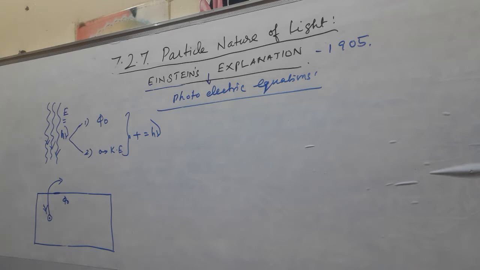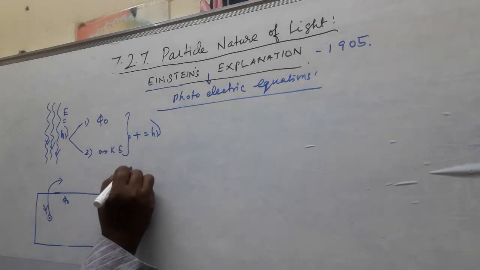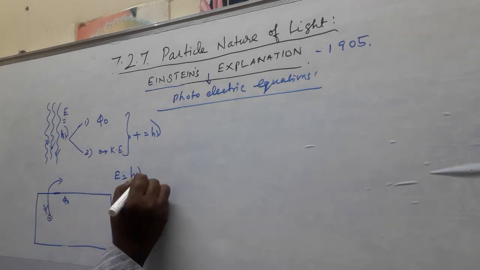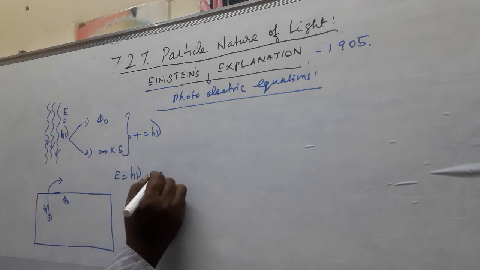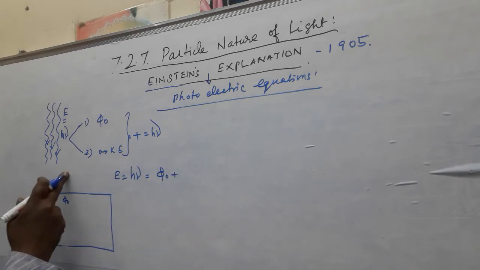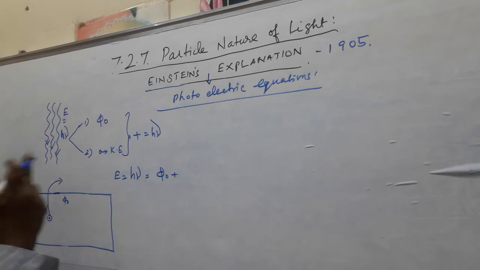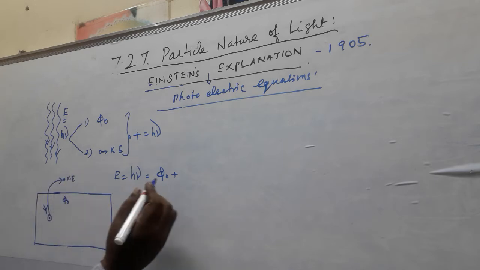Now we can write, as per this experiment, the incident ray energy h nu is equal to the work function needed for this electron to come out from the metal, plus the remaining kinetic energy of this electron.